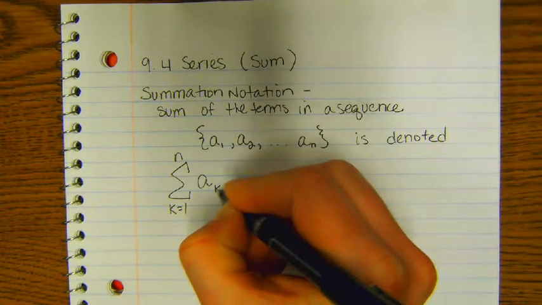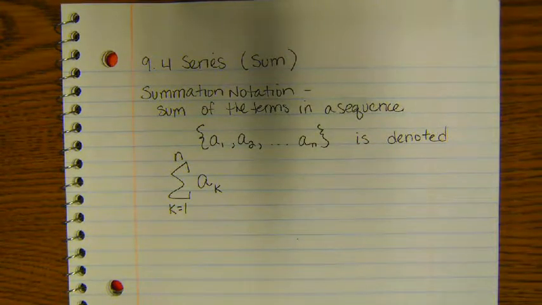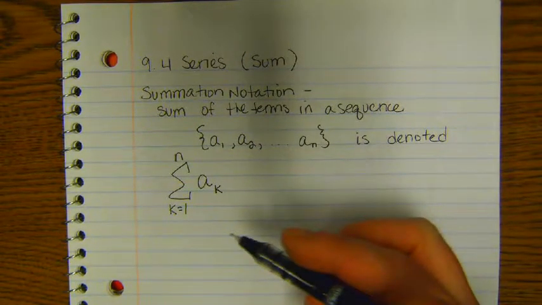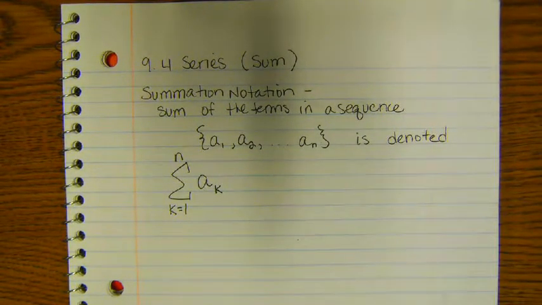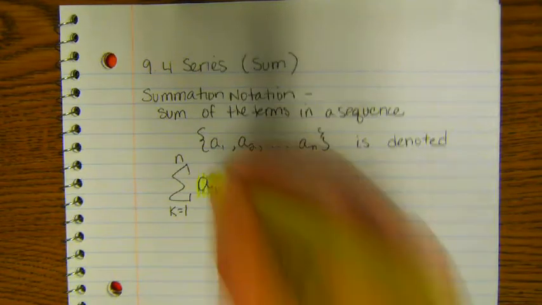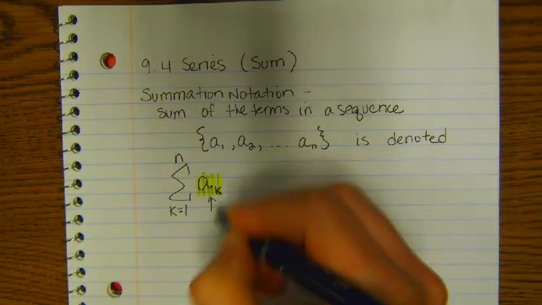And so let me just talk about what actually would go there. So this a sub k, what's going to go there is actually an explicit formula for finding the terms.